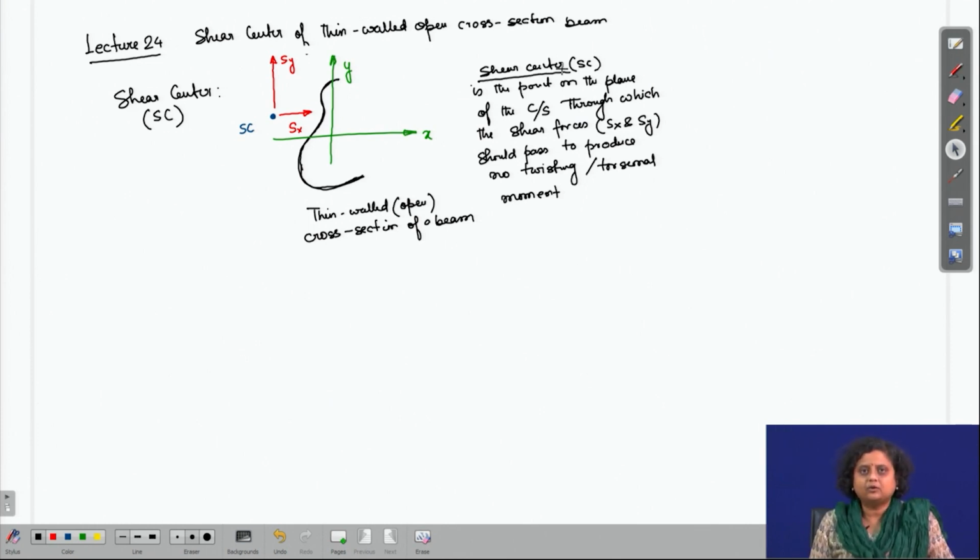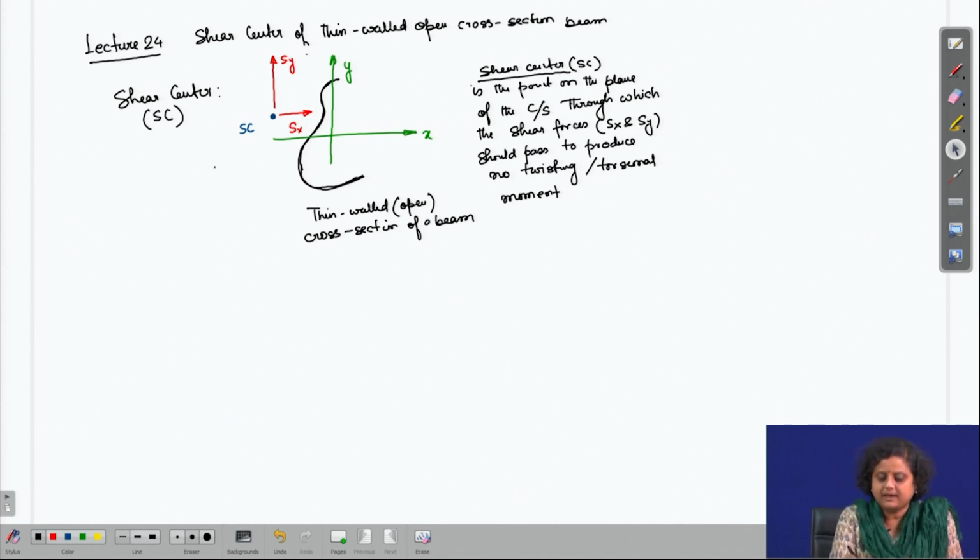It not only holds for open cross section beam, this definition holds for closed cross section beam as well. But let us right now discuss open cross section beam, and then we will move into a closed cross section beam.